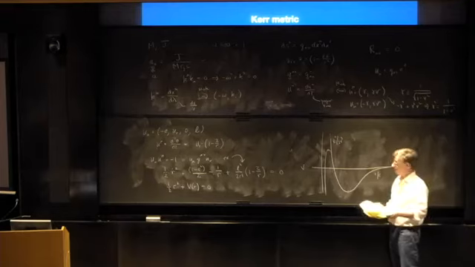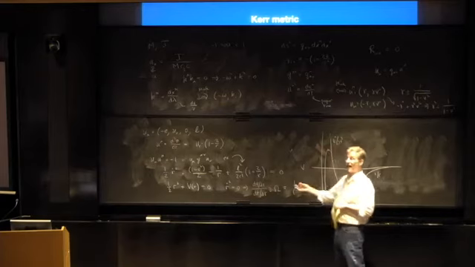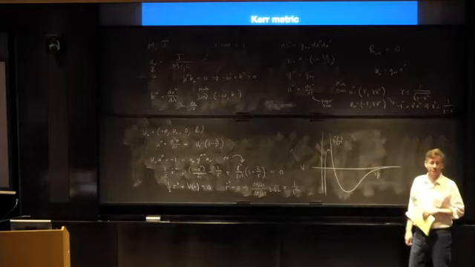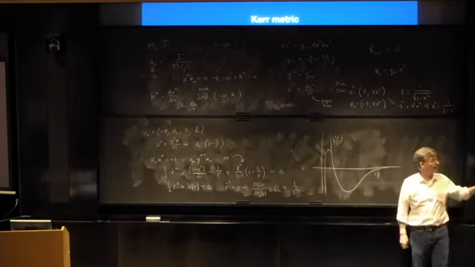And what you find from that is that d phi d tau over dt d tau, which is an orbital frequency as seen by an observer at infinity, is equal to 1 over r to the 3/2, which is exactly the Newtonian result. Now if I were to turn back on all the additional terms, this would change it just a little. So it would go from 1 over r to the 3/2 to 1 over r to the 3/2 plus a.